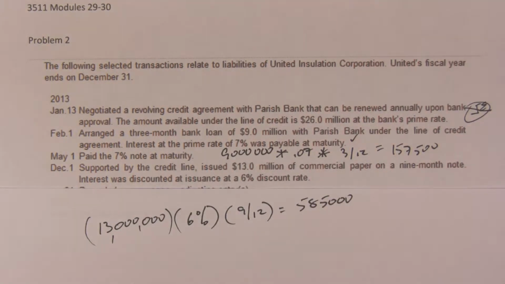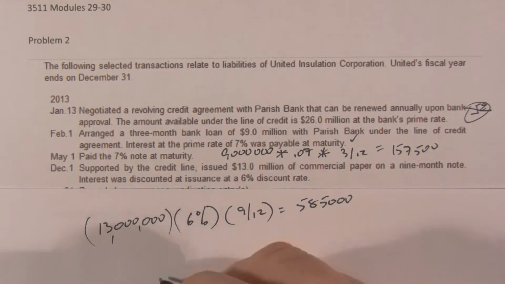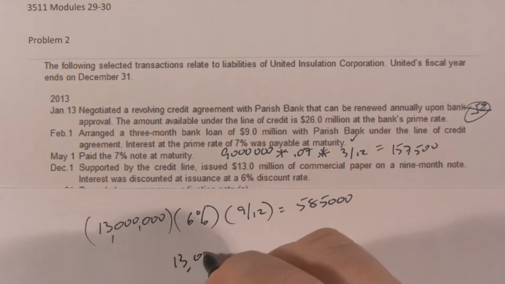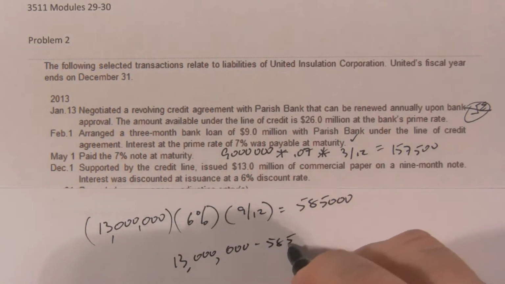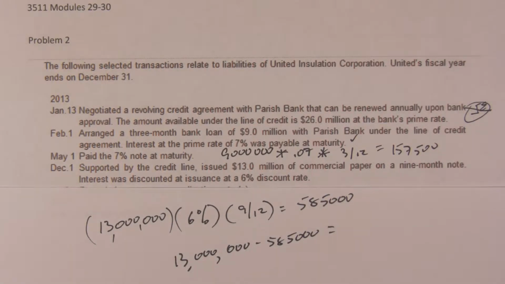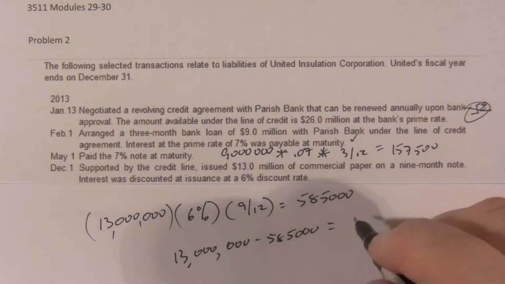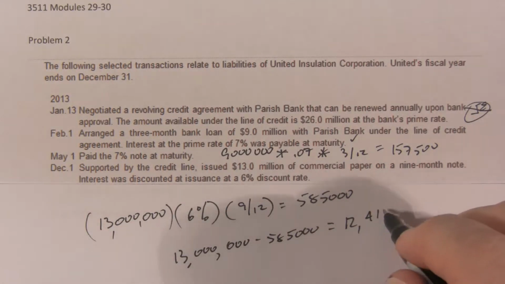That's the discount. So we're borrowing 13 mil minus 585,000, and we're walking out of the bank with 12 mil, 415,000.